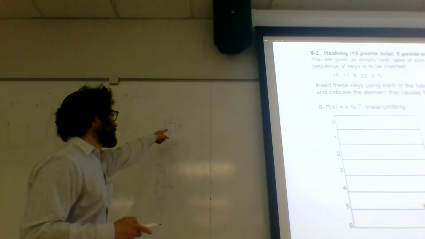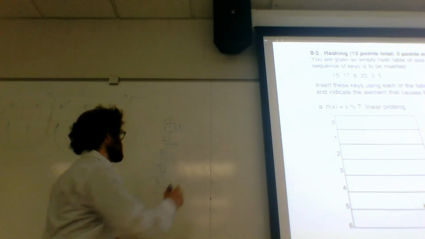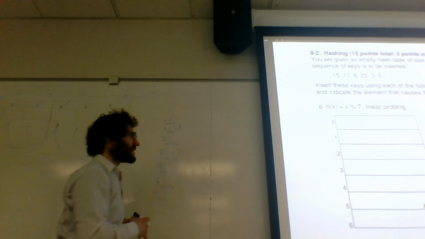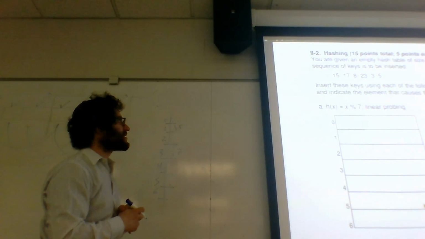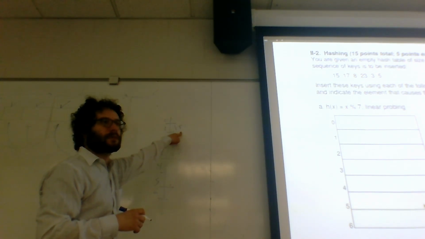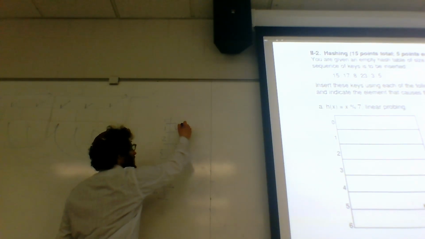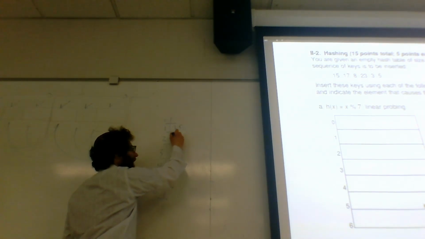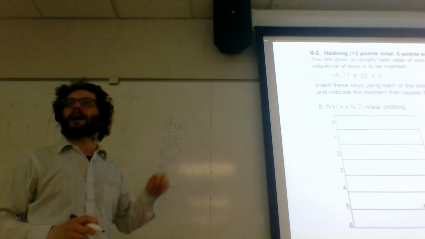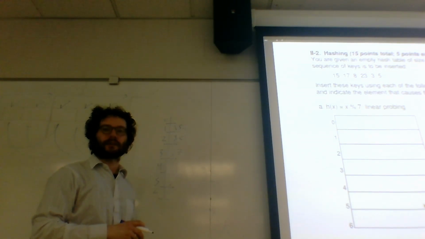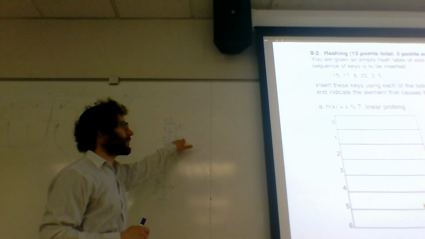Okay. 15 still goes in here, 17 still goes in here. Right? 8 now needs to go into here. First thing 8 does, though, is check the next available spot. So it checks 1 squared away from where it initially tried to enter. Can't find it, so it goes over here.